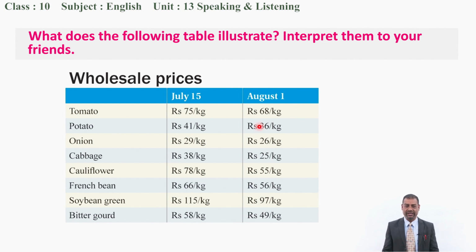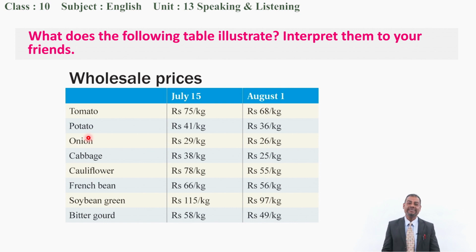This is how you have to say. And if we compare these two prices, you can find tomato is cheaper on August 1st than July 15, because here is 75, here is 68. This is how you have to interpret. Now I want to listen to you about potato.